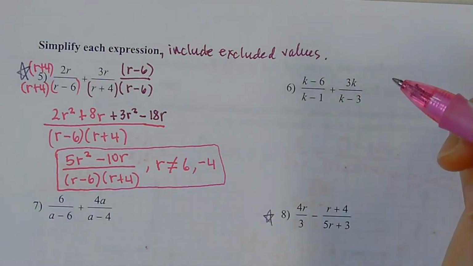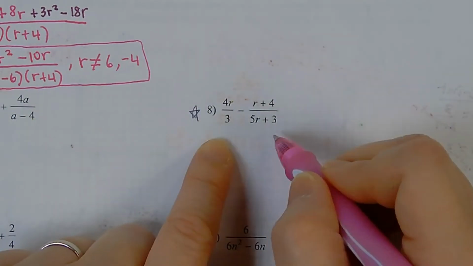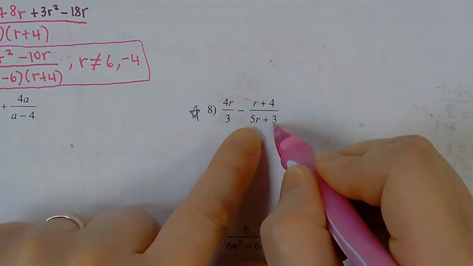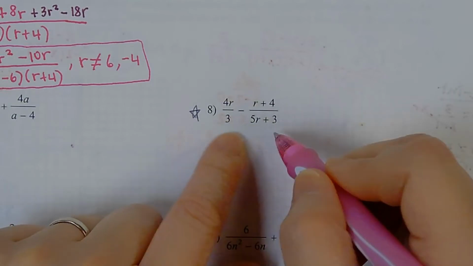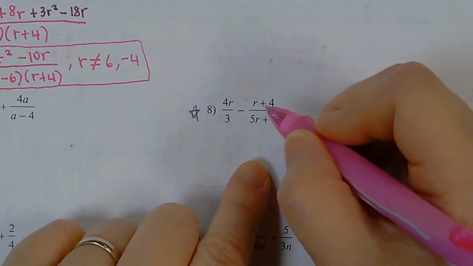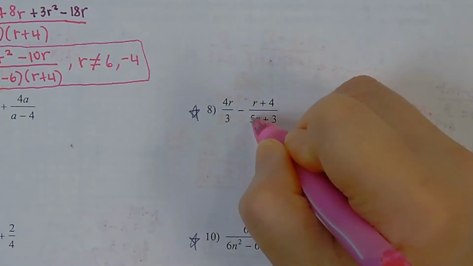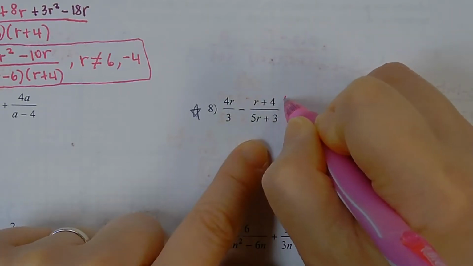We're not doing 6, right? We're doing number 8. All right, so we're going to take a look at this. There is no GCF here. There's just the 3, so there's no common factors. So we're just going to multiply each by the other denominator. So I'm going to multiply this one by 3.